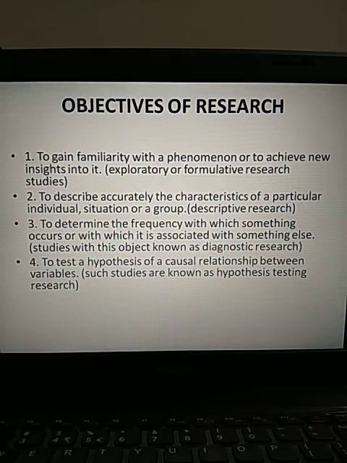To describe accurately the characteristics of a particular individual, situation or a group. The main purpose of the research is nothing but description in terms of charts, figures, averages, standard deviation. We are going to understand the company's position, the stock market.